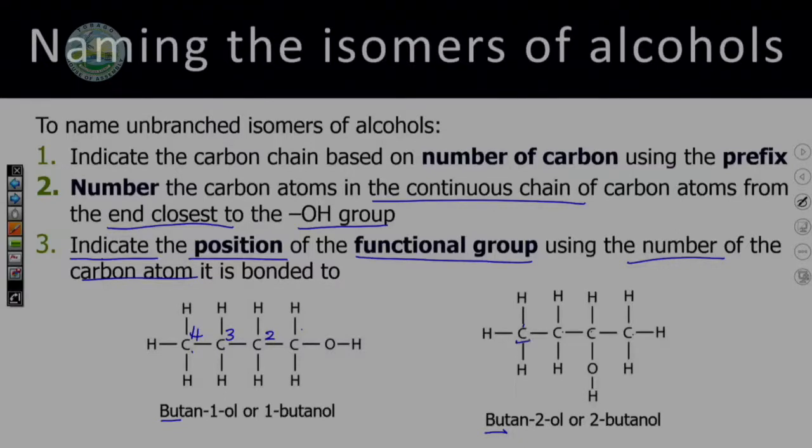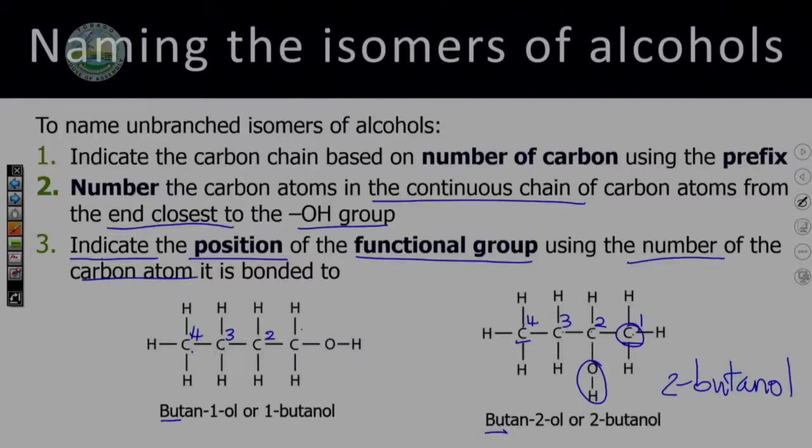I have a carbon here and a carbon here, but the one closest is this carbon. So I'm going to call this carbon 1, then carbon 2, then 3, then 4. So we do have 4 carbons. And lastly, we indicate the position of the functional group. The OH group is found on the second carbon. Hence, we say that it is 2-butanol.